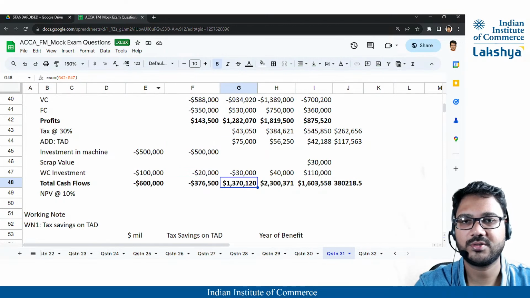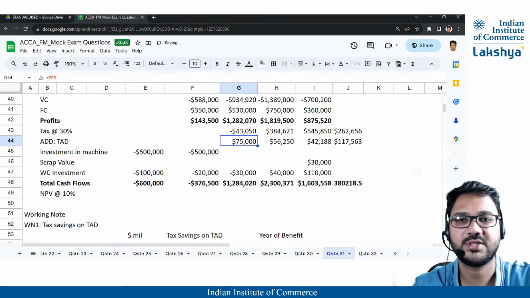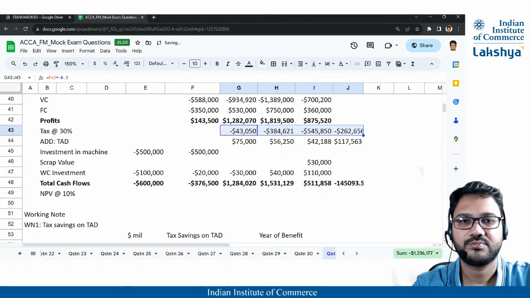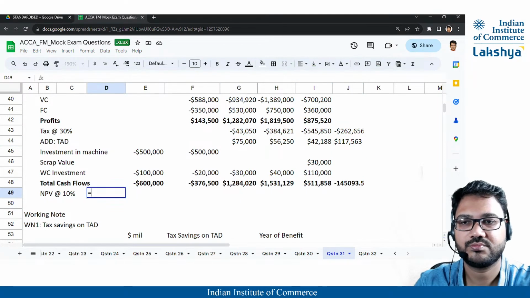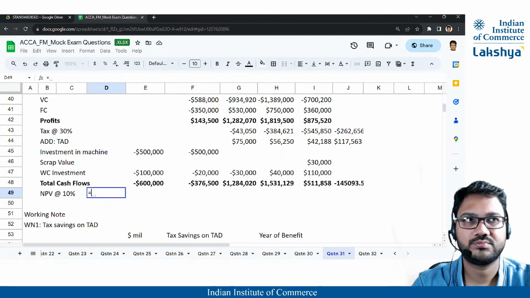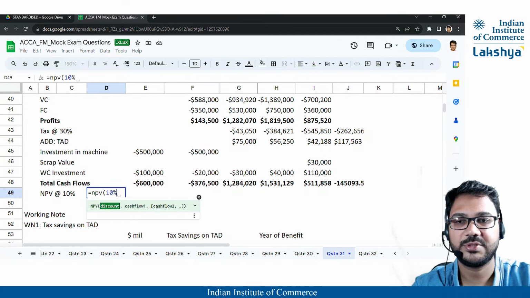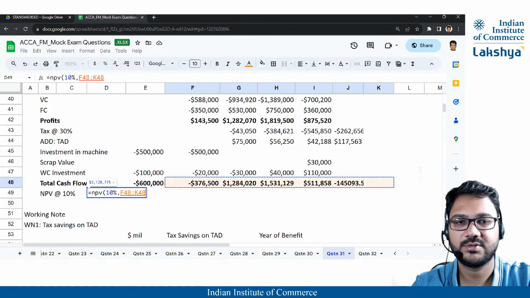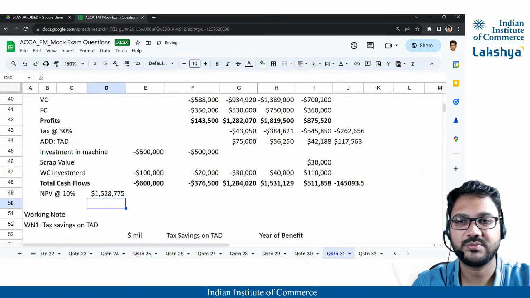Taxation was not, so this will be a minus because it's an outflow. We took a summation sign. Okay. So, yeah. NPV at a rate of 10%, which again from year one, two things we had not done. Okay. The initial investment.